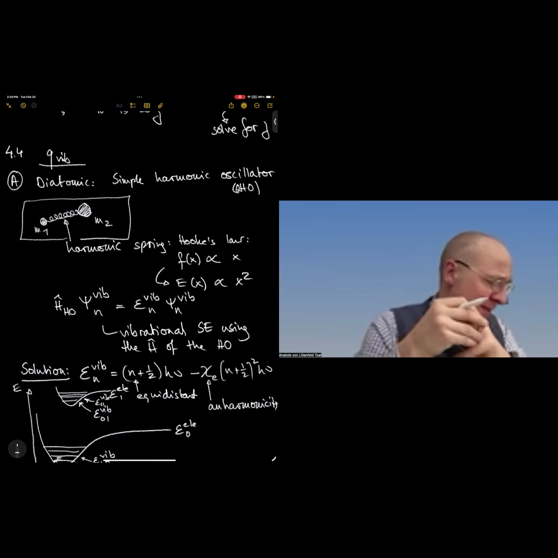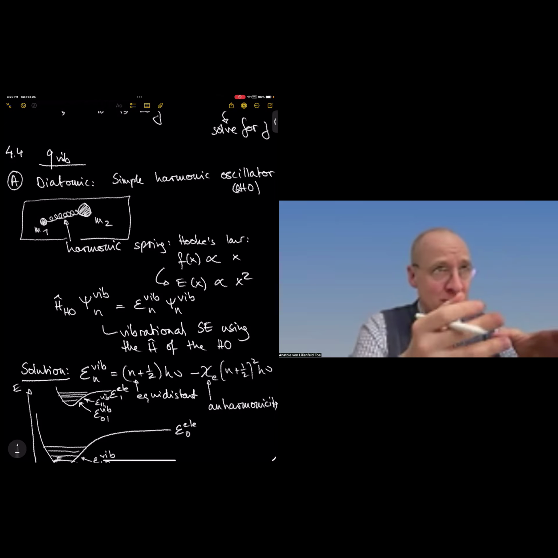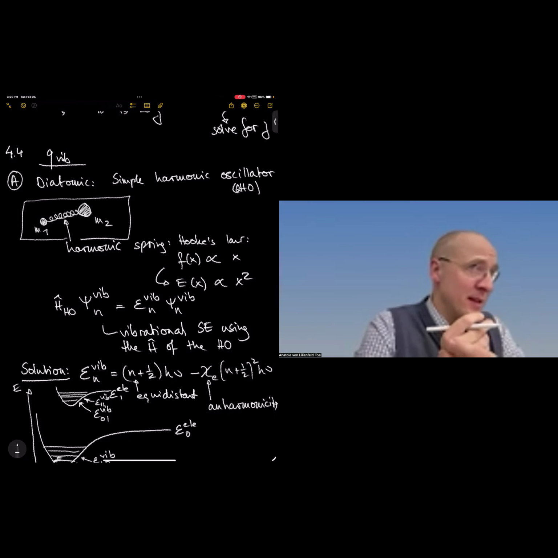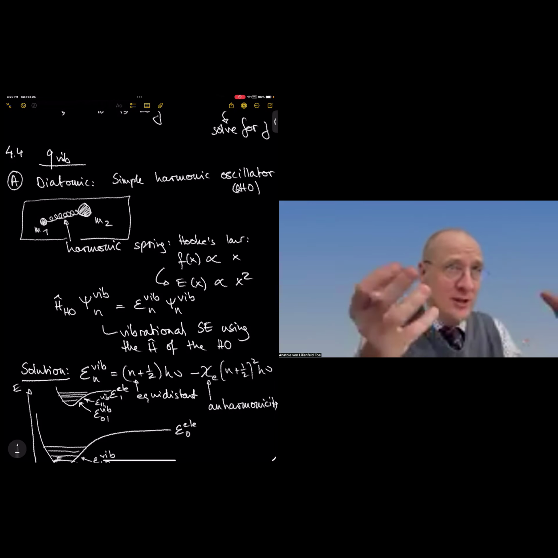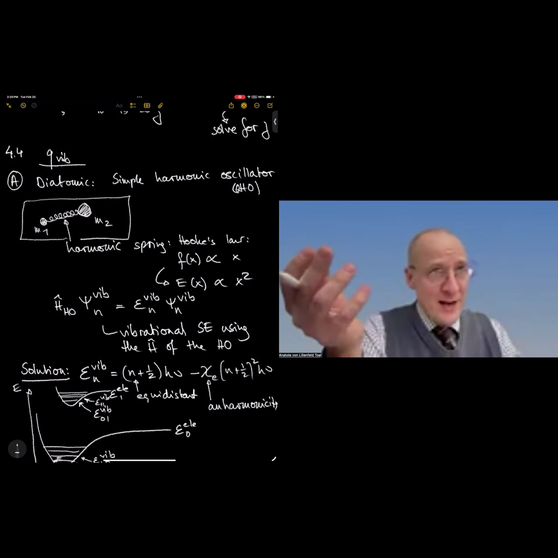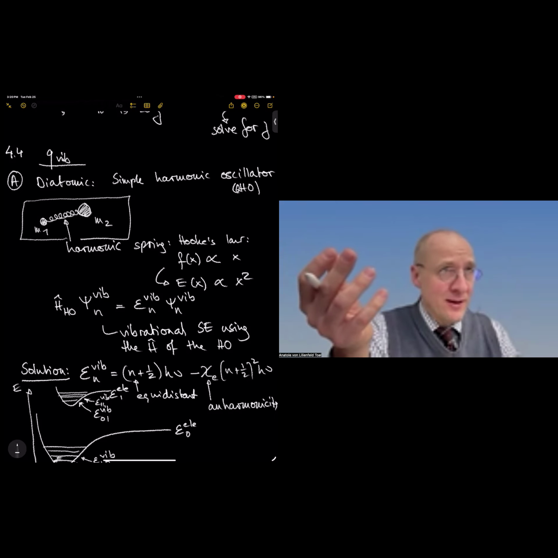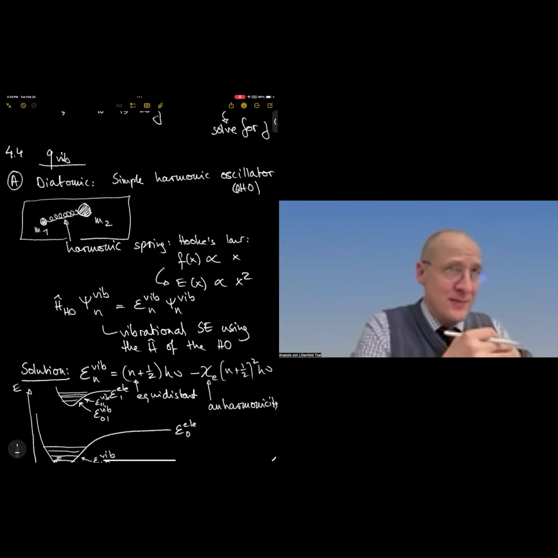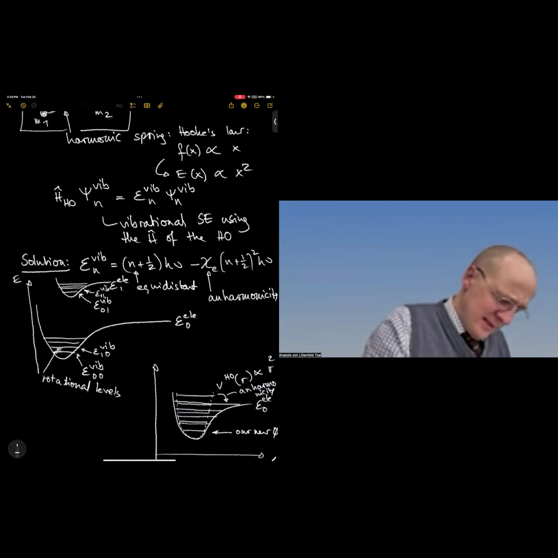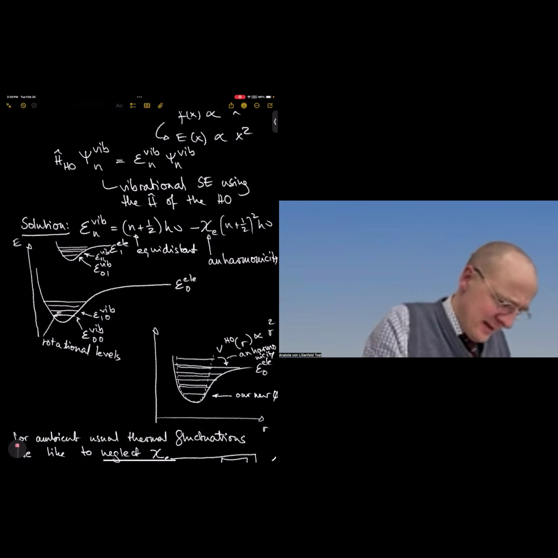However, for that particular motion, for that particular physics, this idea that the potential in which these two atoms move, for the vibrational physics, is a quadratic potential, that's really not a bad idea. So what this means was shown here in this figure.